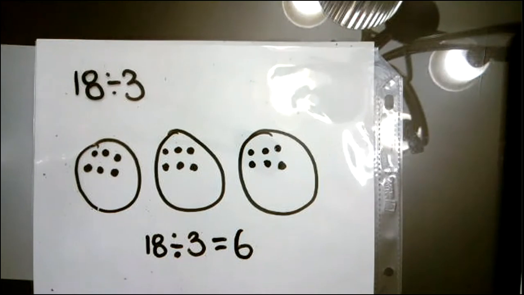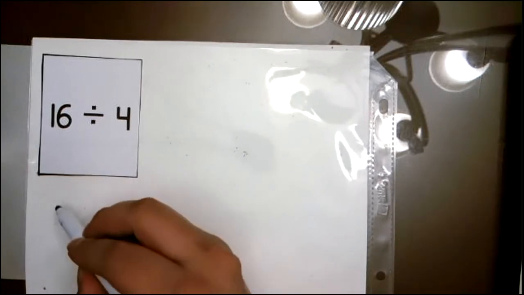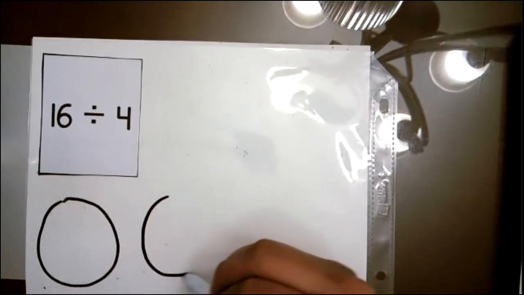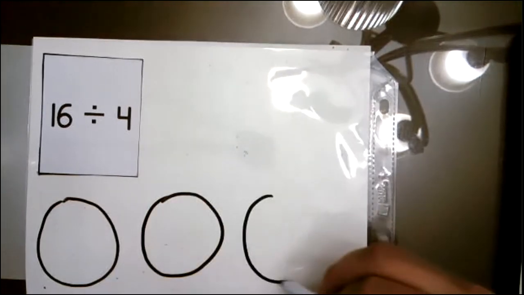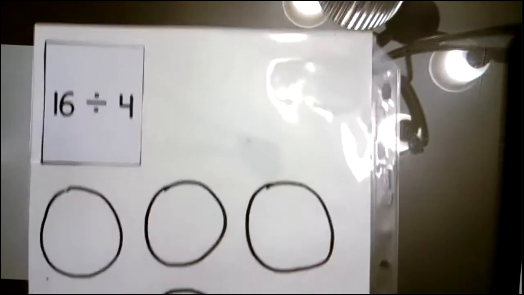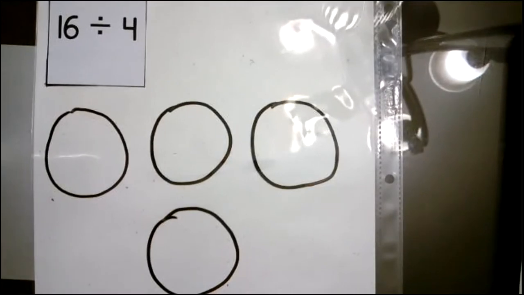Great job, friends. Now we're going to do another example, which is 16 divided by 4. This tells me I'm going to have 4 groups, so I'm going to draw 4 circles: 1, 2, 3, and 4. Now, what is the total number of objects that we have?